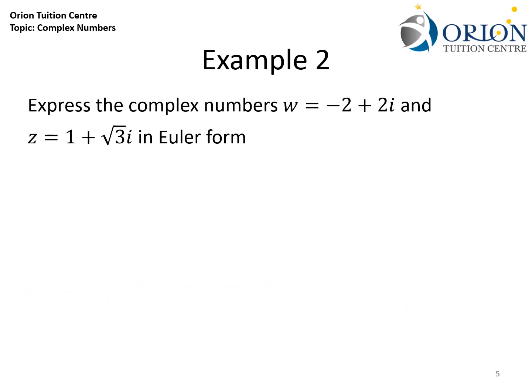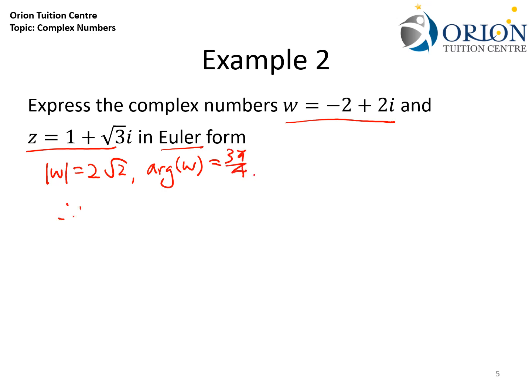In example 2, we need to express the complex numbers w and z in the Euler form. And to do so, we simply have to find out what the modulus and argument of each of them are. So for the complex number w, the modulus will be equal to 2 square root 2 and the argument of w will be equal to 3 pi over 4.